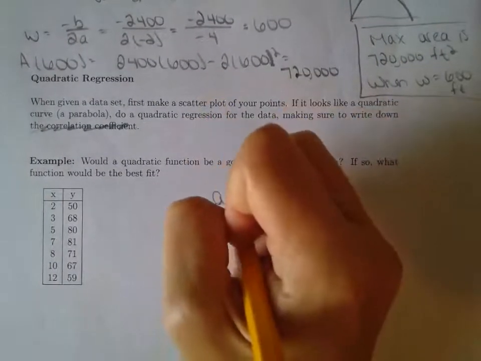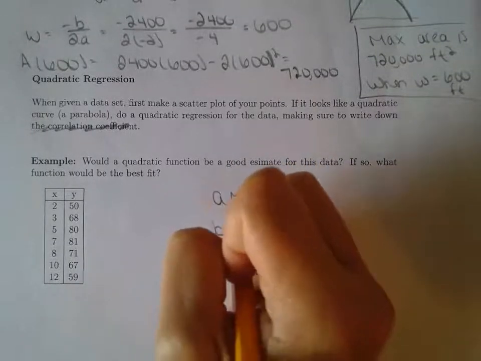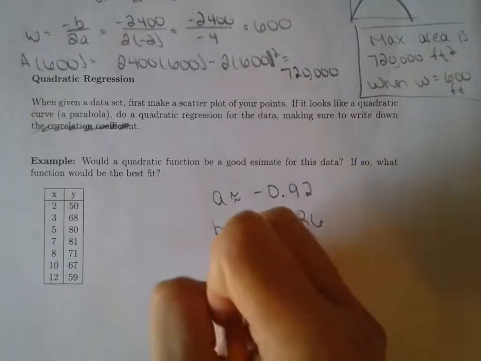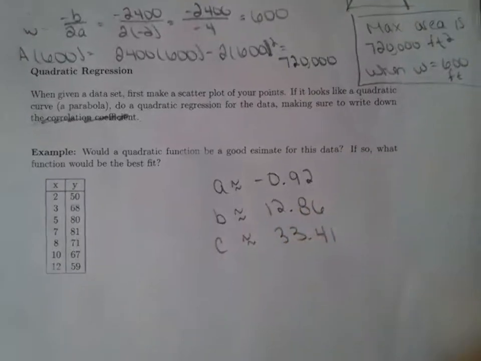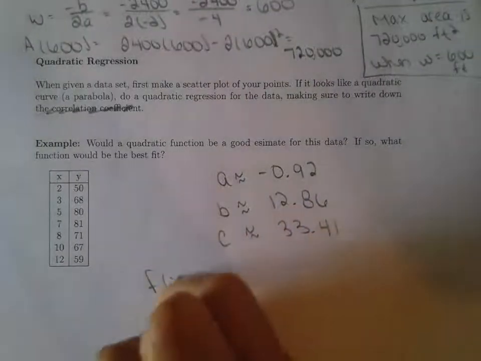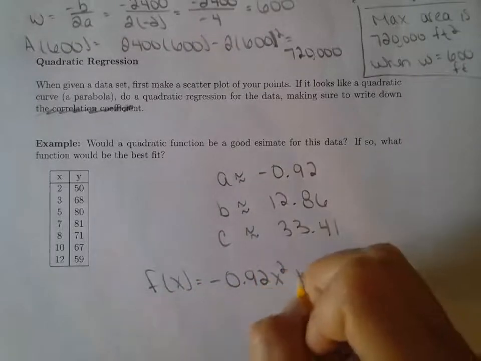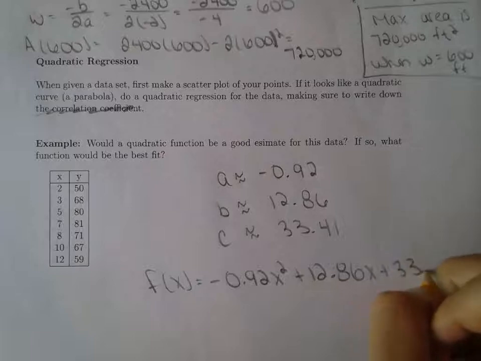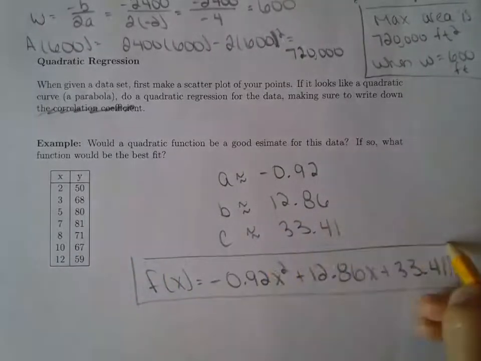So we have a is approximately negative 0.92, b is approximately 12.86, and c is approximately 33.41. So our function that best fits this data is negative 0.92x squared plus 12.86x plus 33.41. Okay, so there's our best fit for that data.